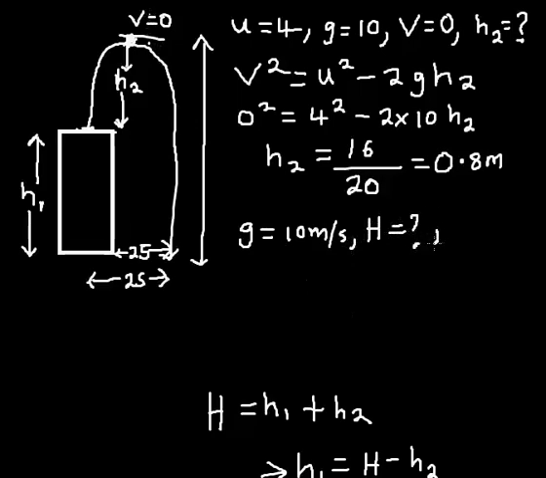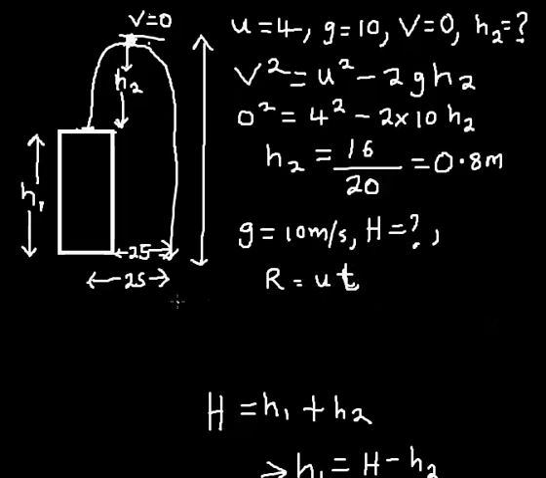Now the question is, how do I get the initial velocity? Remember what I told you earlier on, that range is equal to ut. Range is equal to ut.